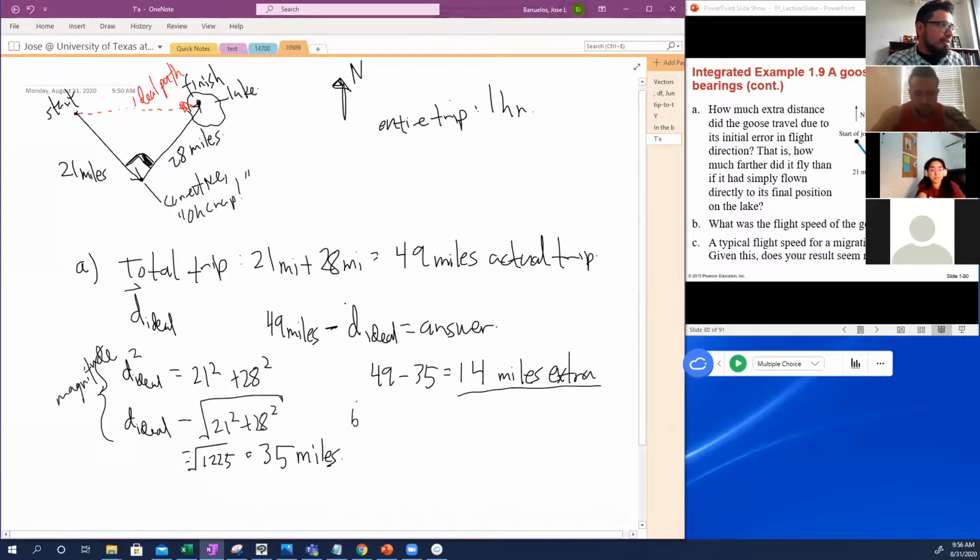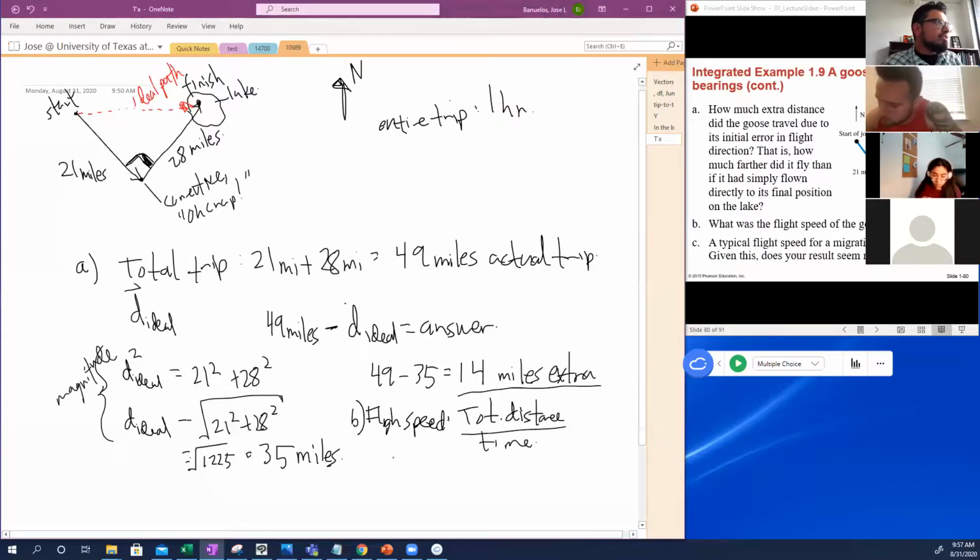Now part B is going to be, what is the flight speed of the goose? So flight speed, in this case, is going to be the total distance over the time. So the total distance we already calculated before was 49 miles, right? So we're talking about 49 miles. And what was the time that it took for that to happen? So if you remember the problem at the beginning, it says the entire trip took 1 hour to get to the lake.